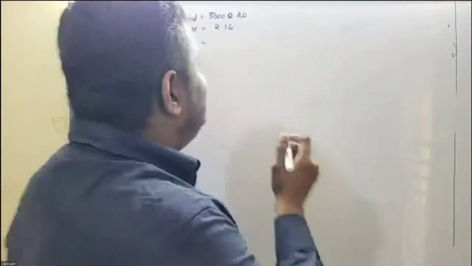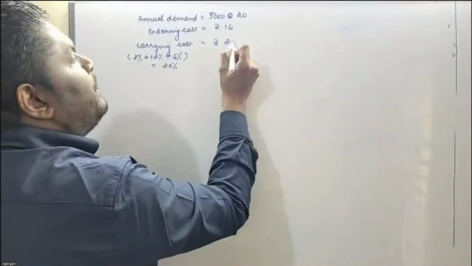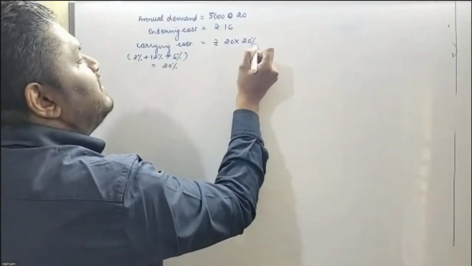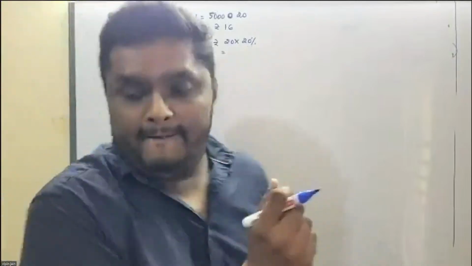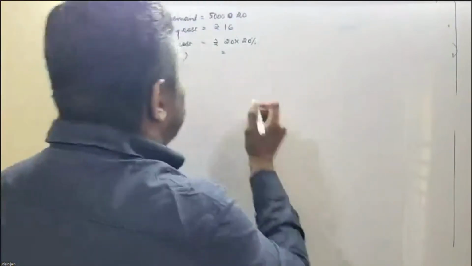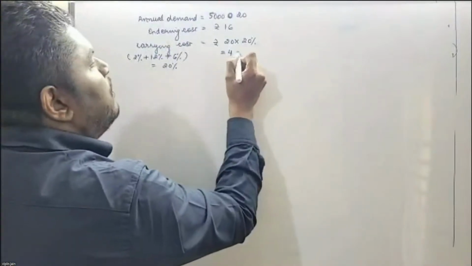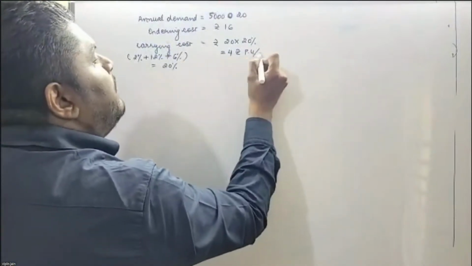That is, my unit price is 20 rupees, rupees 20 into 20%. I repeat again, carrying cost should always be per unit per annum. So my unit price is 20 into 20%. So my carrying cost will be rupees 4 per unit per annum.